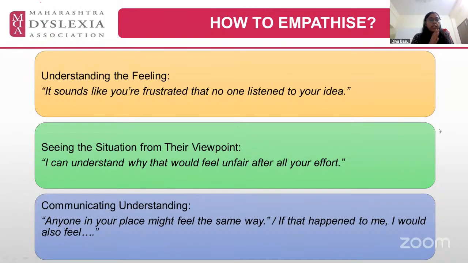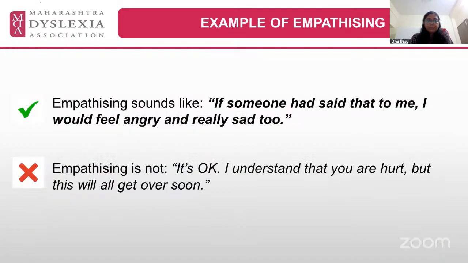And this is very validating for the other person. So they feel that, okay, I wasn't wrong in feeling in this certain manner, because I did put in a lot of effort, and this is how I'm feeling about it. So when you are empathizing with someone, it could sound like, if someone had said that to me, I would feel angry and really sad too.